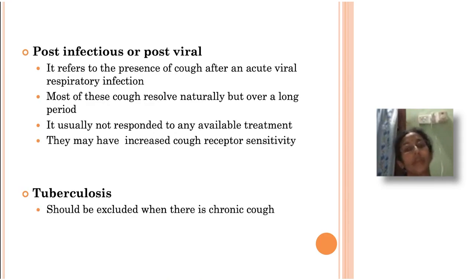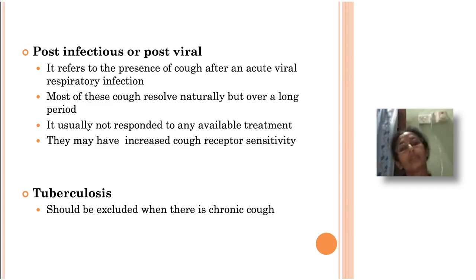Post-infectious or post-viral cough refers to the presence of cough after an acute viral respiratory infection. Most of these coughs resolve naturally, but over a long period. The usual respiratory tract infection settles within 2 weeks, but here it takes more than 2 weeks, over a prolonged period.